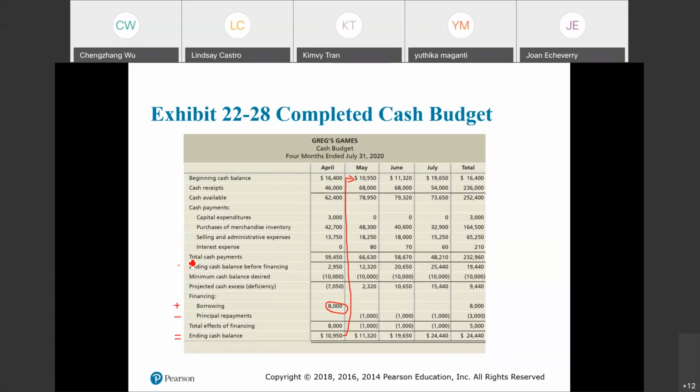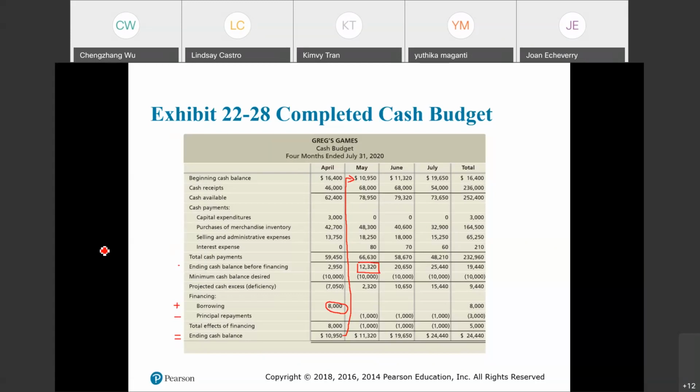Well, in May, let's see. This amount, the ending cash balance before financing, is greater than the minimum cash balance desired, which is $10,000. Well, the projected cash excess is positive.